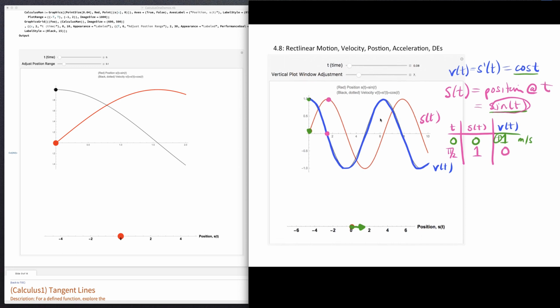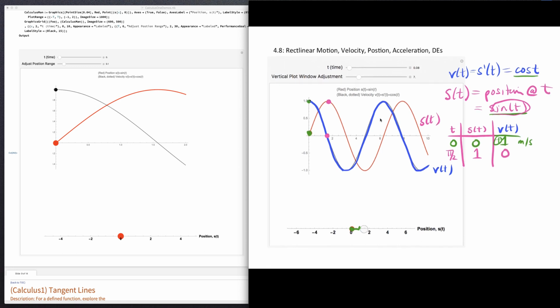This indicates that we have moved from our initial position to, after t equals pi over 2 seconds, so about 1.5 seconds, a position of 1. So the dot has moved to here, and our velocity is 0 there. So we've come to a stop at that point.